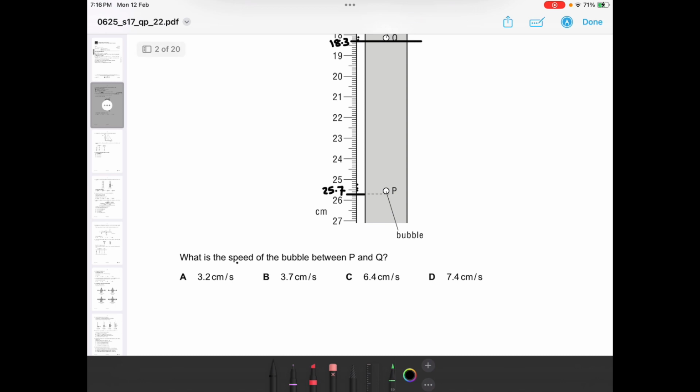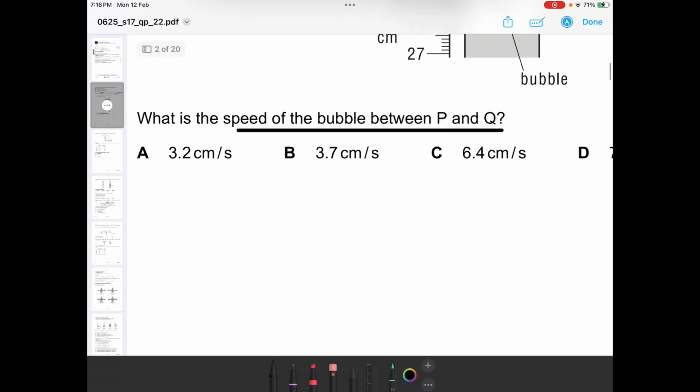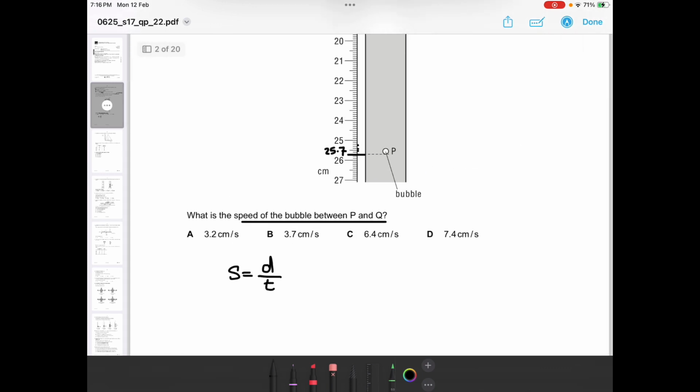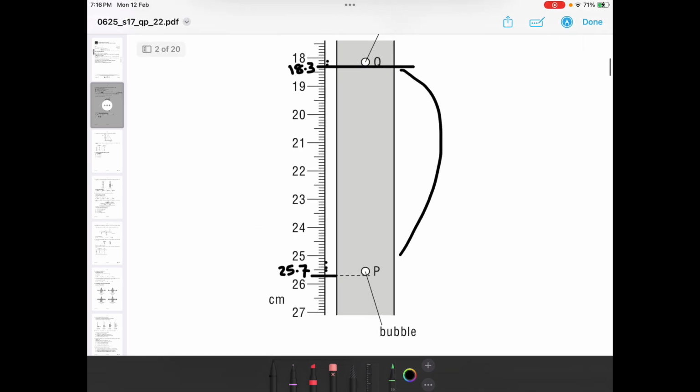What is the speed of the bubble between P and Q? Okay, let's take a look. So speed is equal to distance over time. And distance is basically the difference between these two measurements.